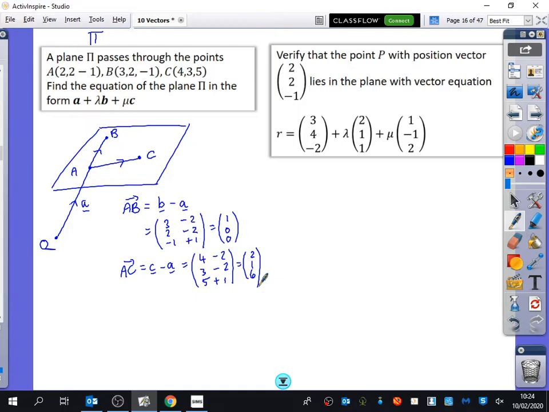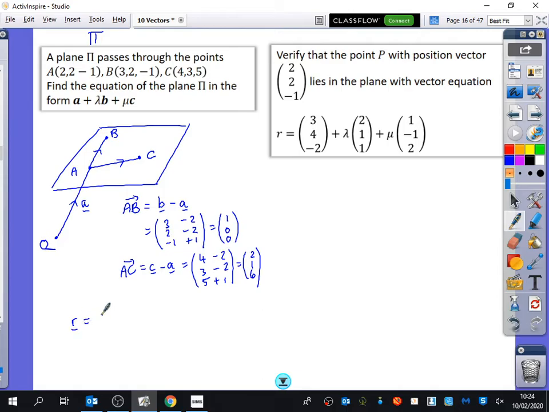So putting this all together, we get that a general position on the plane is A, which is (2, 2, -1). In fact, I'm going to do it a little bit slower, because this is for our notes, let's make it look as useful as possible.